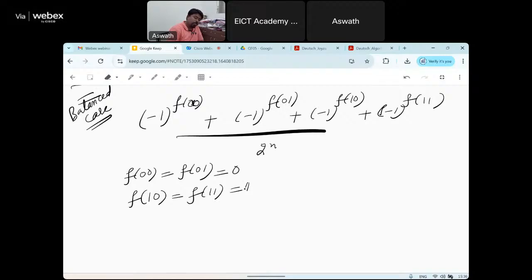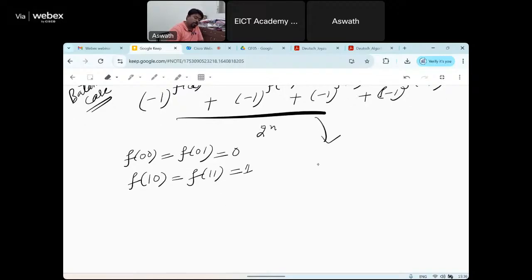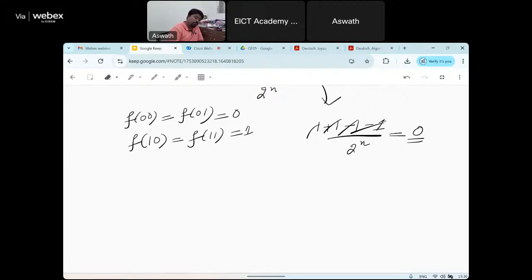Okay, now as per the above, what do you get? 1 plus 1 minus 1 minus 1 divided by 2 to the power of n. What do you get? It cancels. The probability amplitude is 0 for which state? For the 0 0 state.